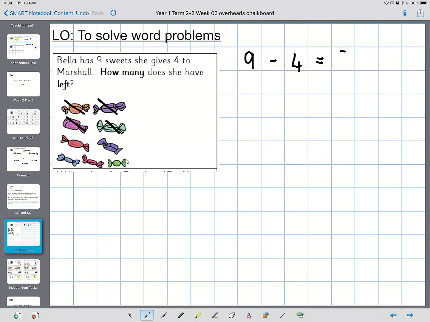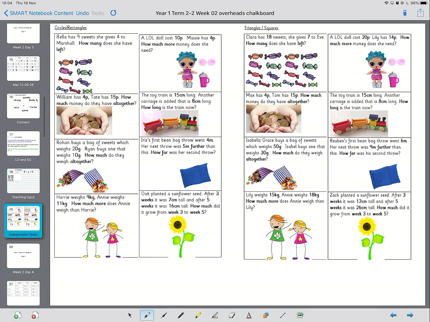So the trick here is to try to decode these questions, and here they are. And grown-ups, there's no problem whatsoever if you read these for them. It really doesn't matter. Okay, so if you're finding this all a bit challenging, then have a go at these questions here.